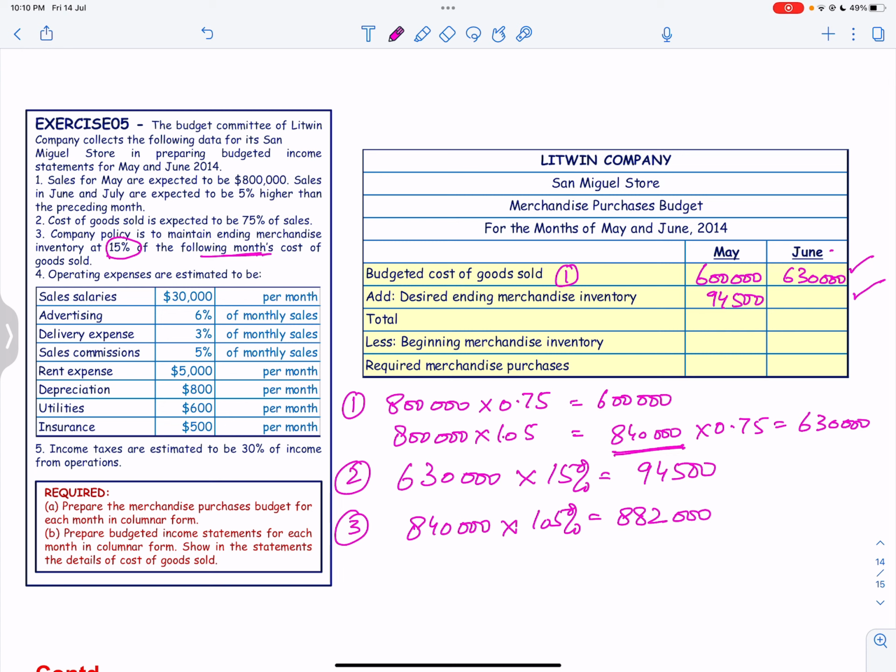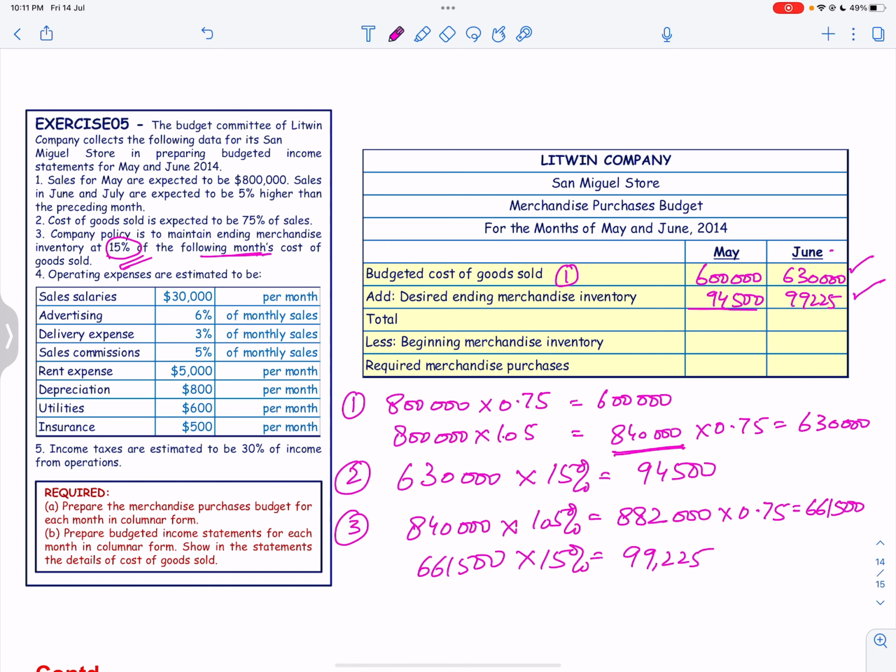And then the cost is going to be 75%, so 0.75 gives 661,500. And from this 661,500, we have to have an ending inventory of 15%. So this is equal to 99,225.